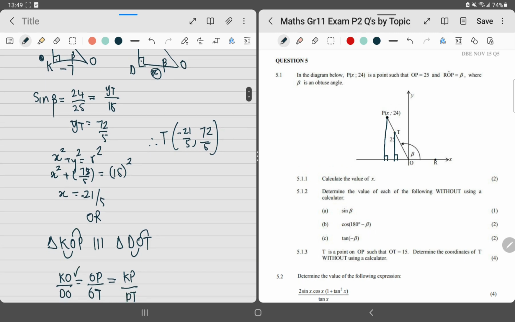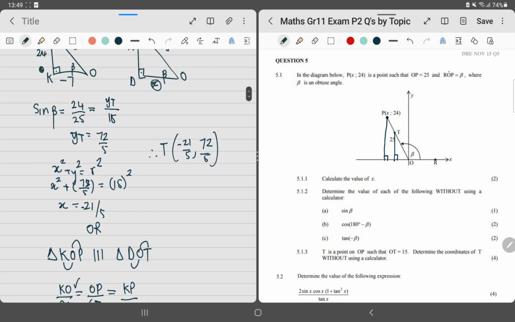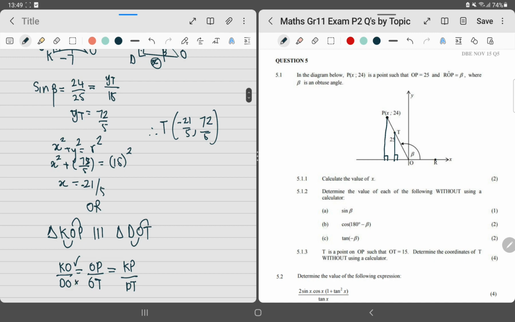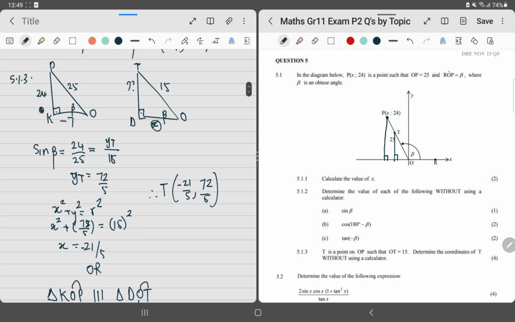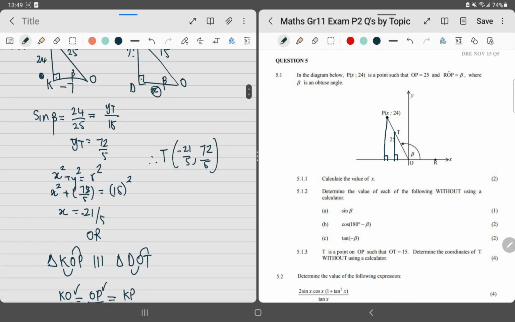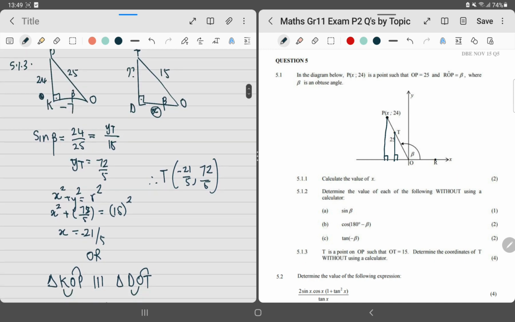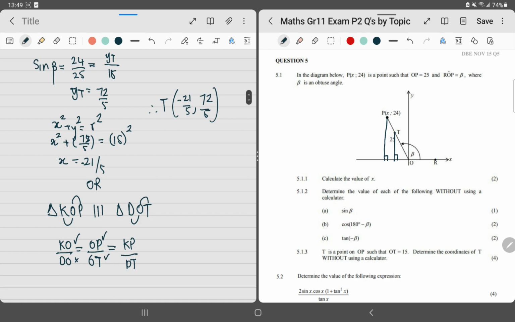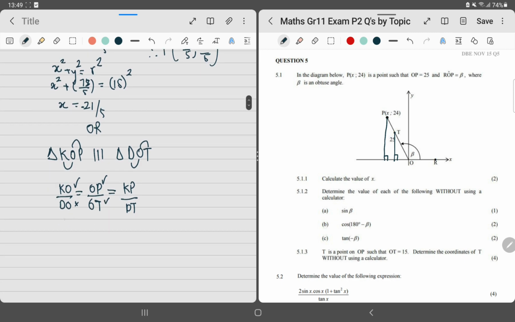OK, we do have KO. And then DO we don't have DO. OP we do have, so we'll just tick that off. And then OT we also have. So we can calculate DO. So KO over DO is equal to OP over OT. By the way, the reason for this is angle, angle, angle.